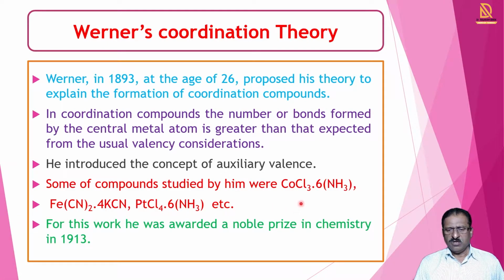Werner took cobalt chloride and added ammonia to it, and from that he prepared the compound [Co(NH3)6]Cl3. Then another example studied by Werner is Fe(CN)2 and 4KCN.